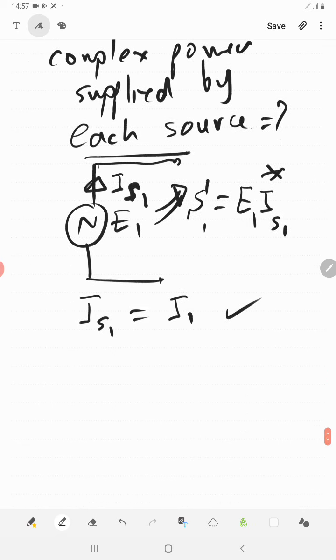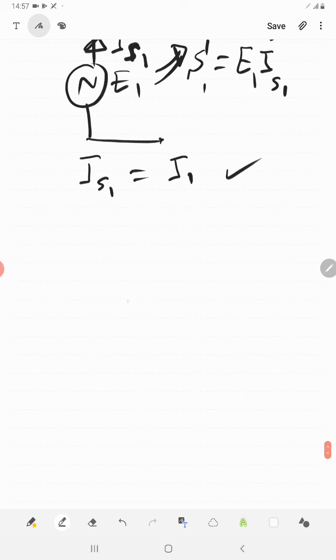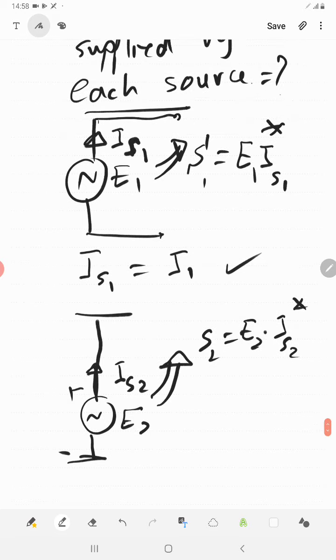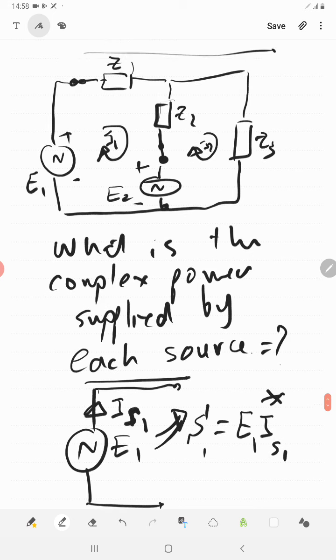The complex power supplied by E2, we have, this is E2, and this is I source 2. Okay, so we have S2 equal to E2 times I source 2 conjugate. What is I source 2? This is I source 2 here, and here is I source 1.